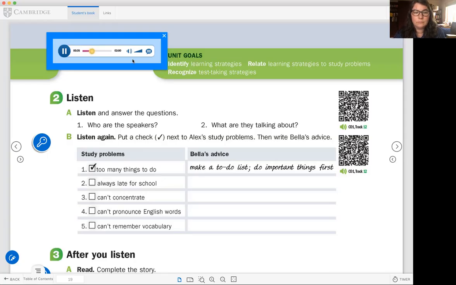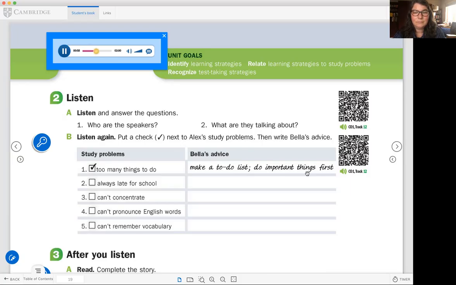Well, Alex, have you ever tried making a to-do list? A to-do list? Yeah. You make a list of all the things you have to do. Then you do the most important things first. A to-do list? No, I've never tried that. I usually try to do 6 things at the same time.